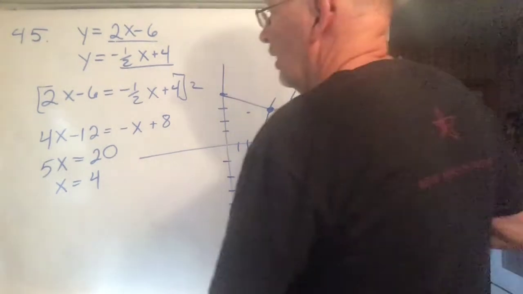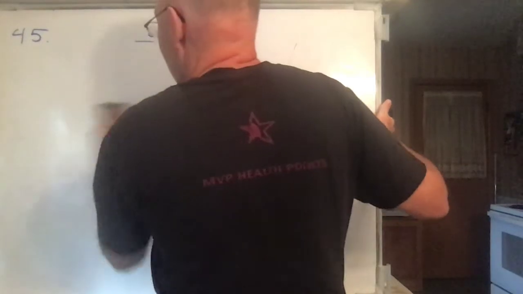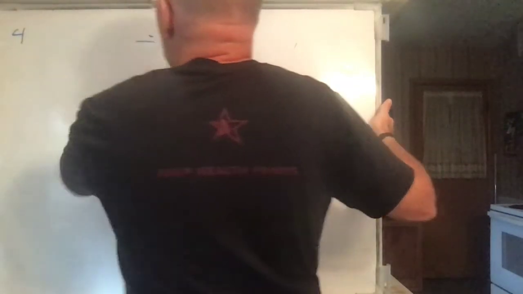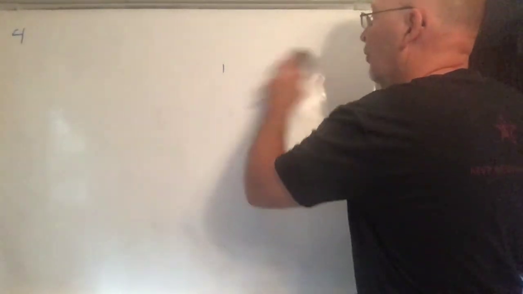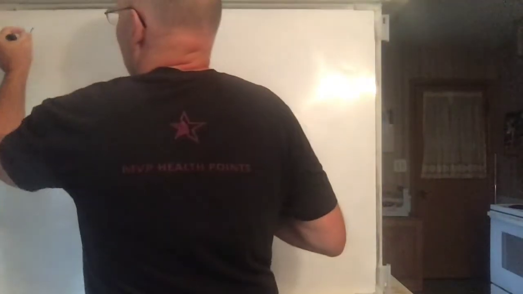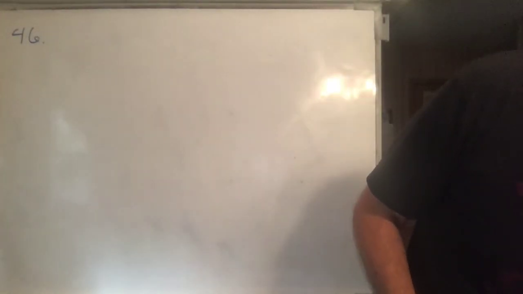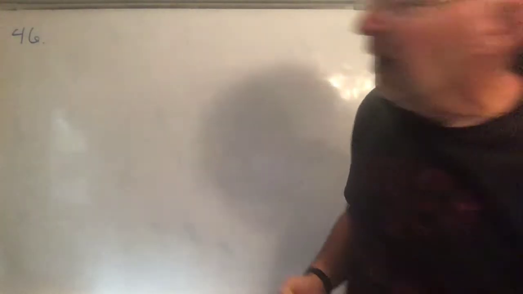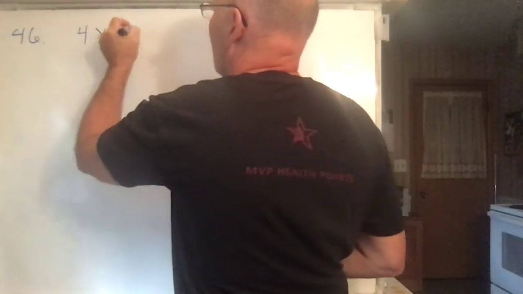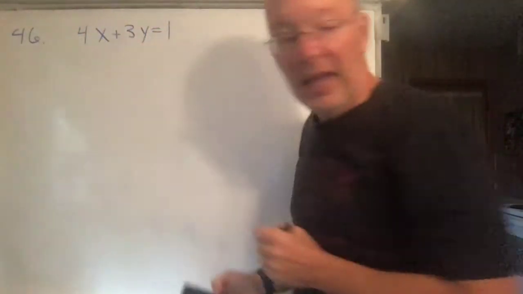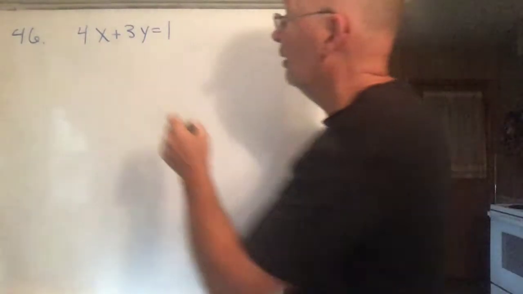46. Now you've got a couple other equations. They're not set equal to y this time. So we could, if we wanted to, set them both equal to y and do it as we did before. We have 4x plus 3y is equal to 1, and we've got 3x plus 2y is equal to 2.